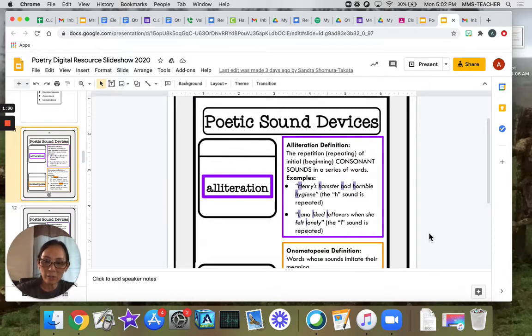H is a consonant letter. And another example, Lana liked leftovers when she felt lonely. The L sound is repeated. And you notice it's the beginning sound in a series of words. So it's the first letter.